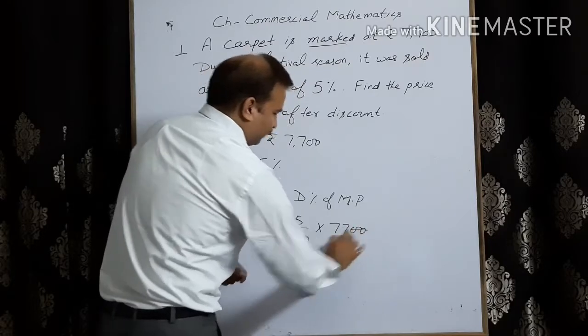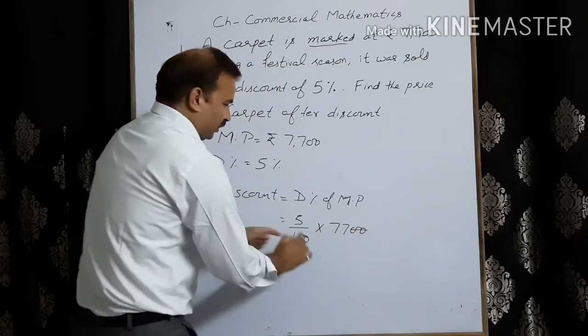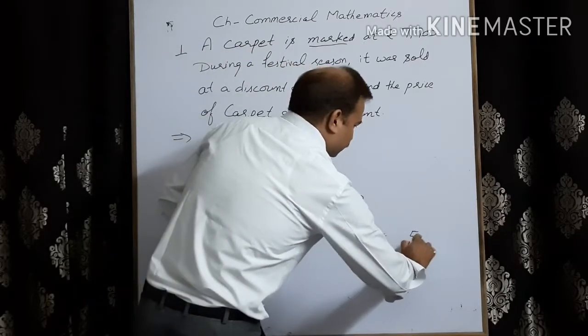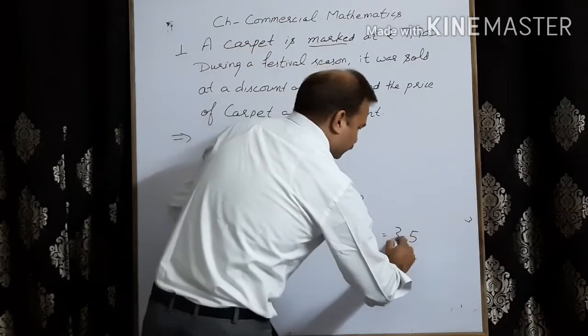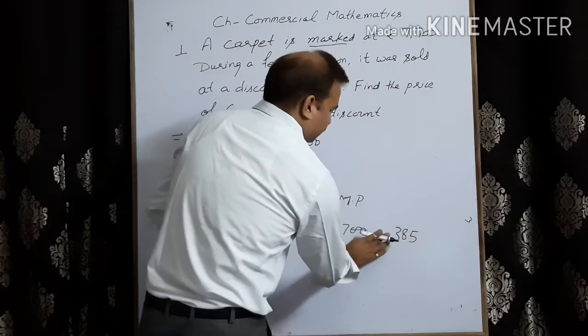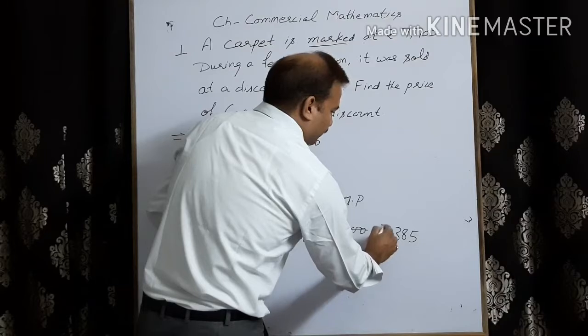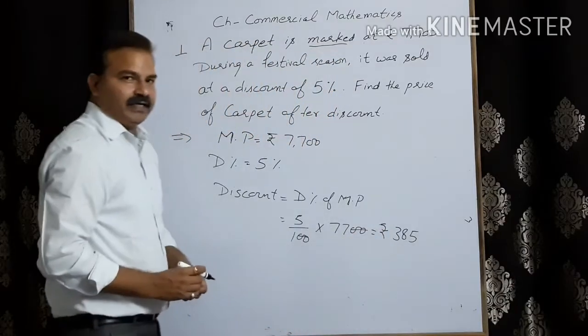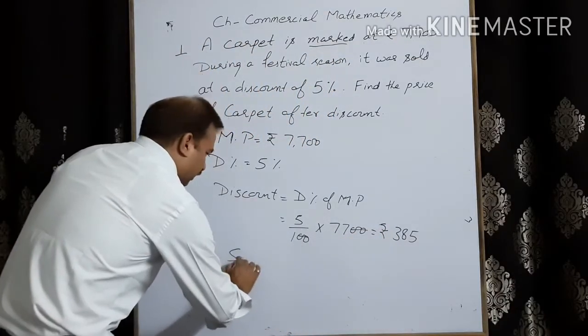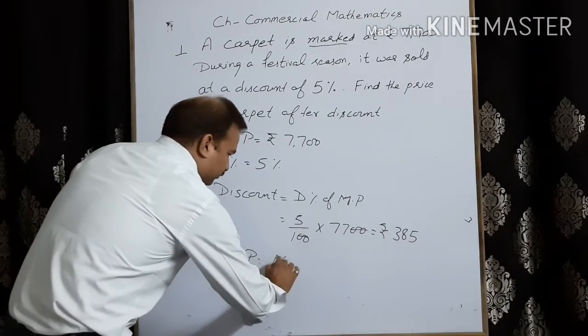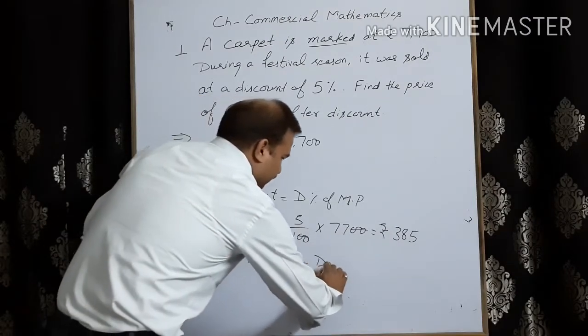So 2 zeros cancel with the 2 zeros. Now multiply. 5 sevens are 35, 3 carry. 5 sevens are 35 and 3 is 38. It means the person will get a discount of rupees 385. So now what is the selling price? Selling price is equal to marked price minus discount.